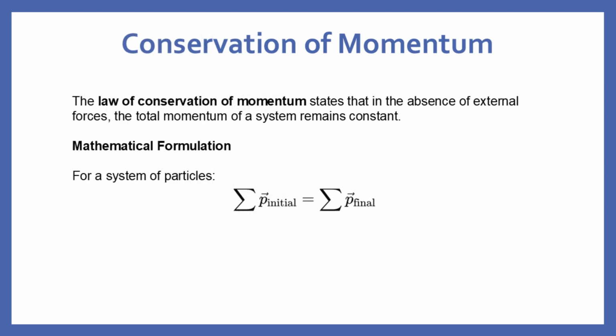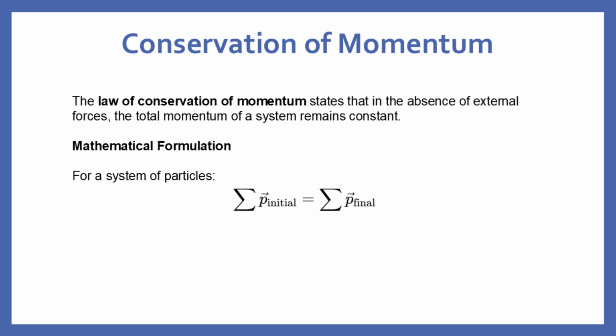Let's discuss the conservation of momentum. This principle states that in the absence of external forces, the total momentum of a system remains constant. Essentially, momentum is conserved before and after any interaction within the system. For example, in a collision between two objects, the total momentum of the objects before the collision equals the total momentum after the collision.